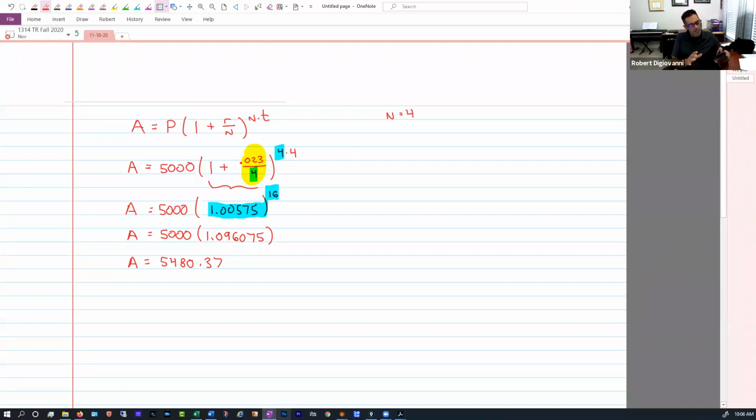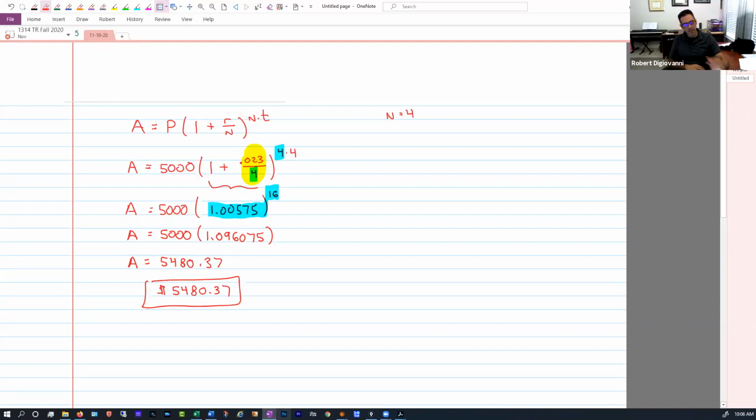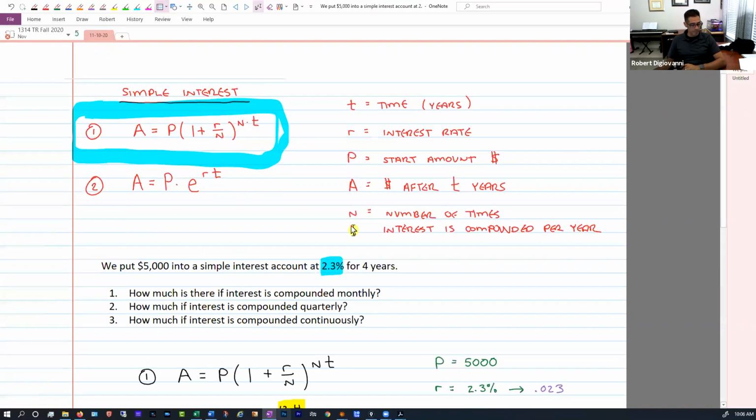I got 37.5, but I could leave that as 37 or 38. Doesn't matter. We just need to be pretty close. So I think I agree with that. Okay, so let's compare that. How much money did we make from the bank when they compounded monthly?